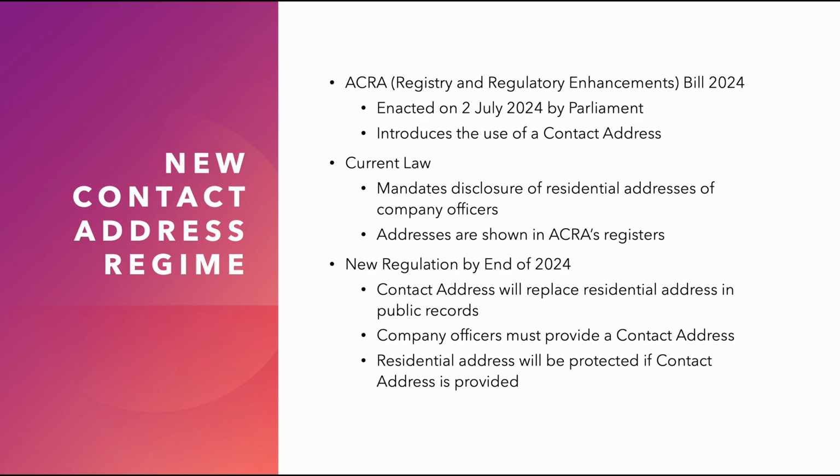That means if currently you have a residential address and you put an alternate address, they'll see the alternate address in the business profile. But instead of registered residential address, which is what it is now, in future, it's just going to be called contact address.